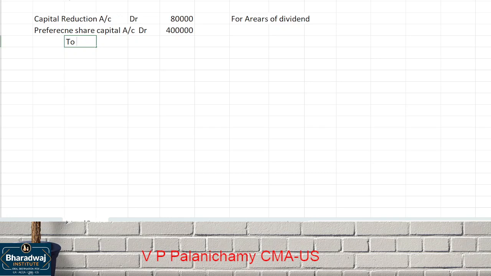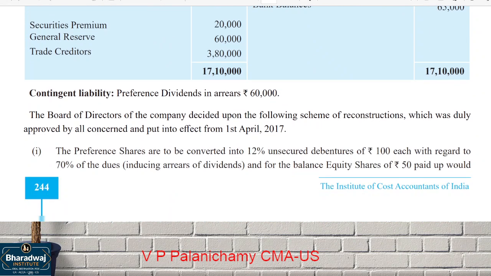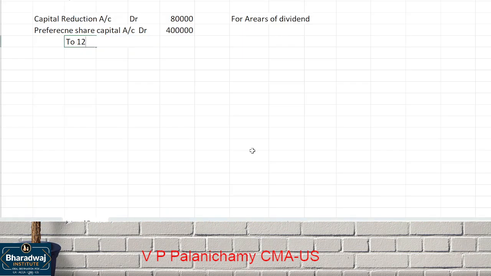They would have passed it to the preference shareholders account, then they would have discharged. Preference shareholders account debit. We can pass a direct entry also. What are we giving for this? 12% debentures for 4,80,000 into what percentage? 70%.